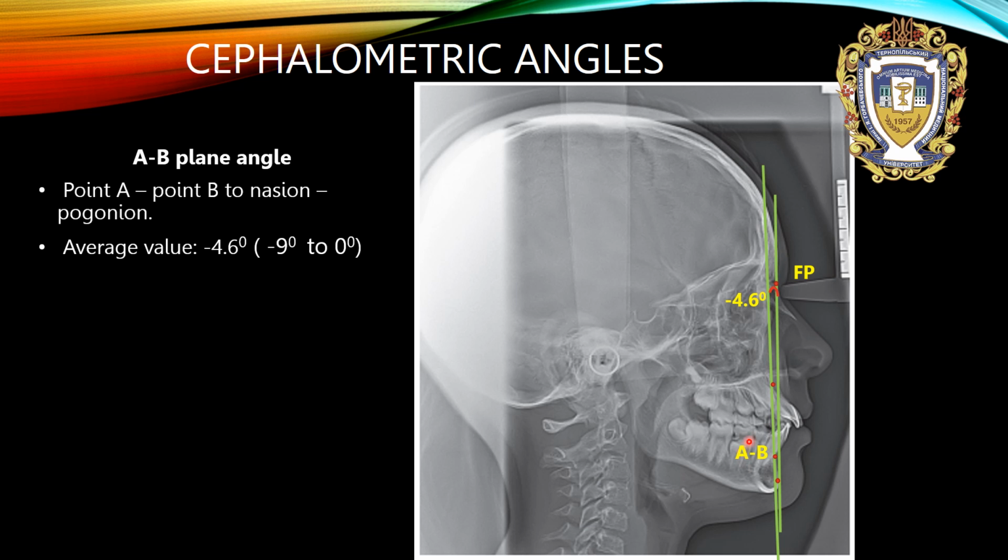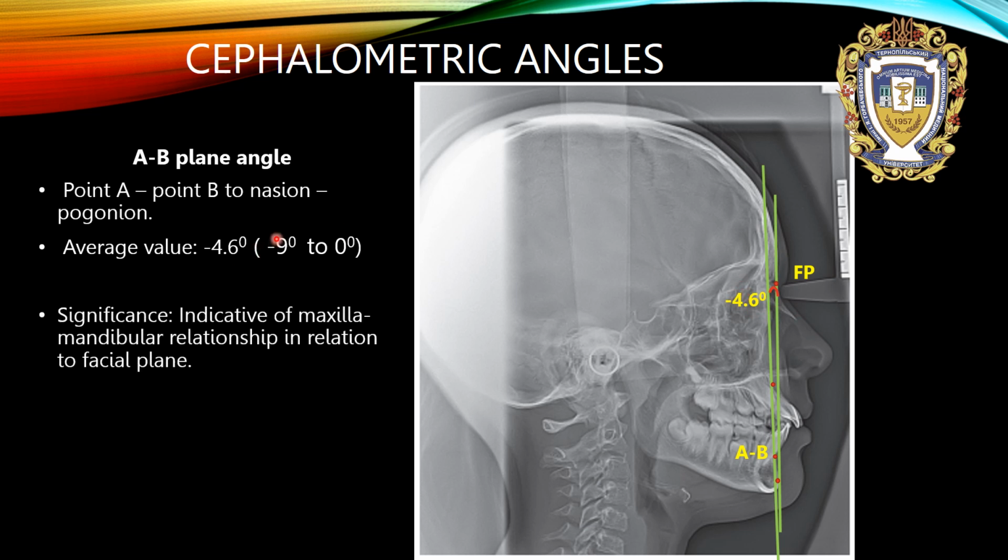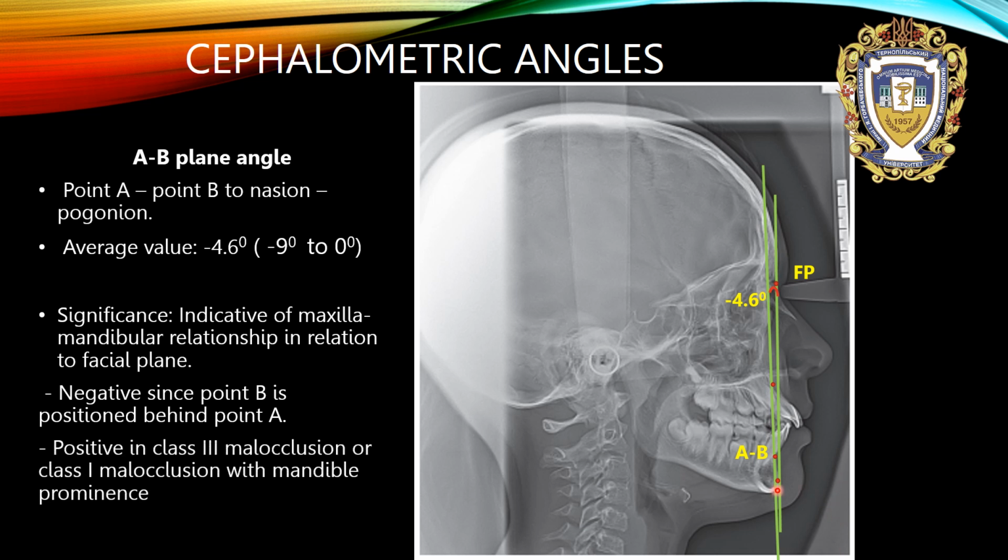Average value minus 4.6, but can be minus 9 degrees to 0. Significance. Indicative of maxillomandibular relationship in relation to facial plane or facial vertical line. Positive in class 3 malocclusion or class 1 malocclusion with mandible prominence. Negative since point B is positioned behind point A.